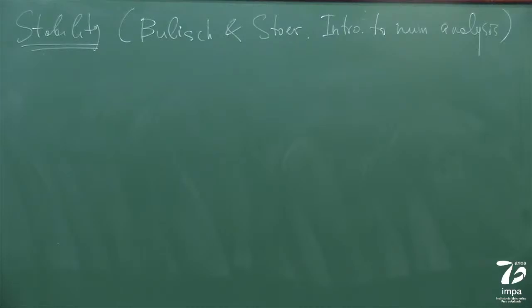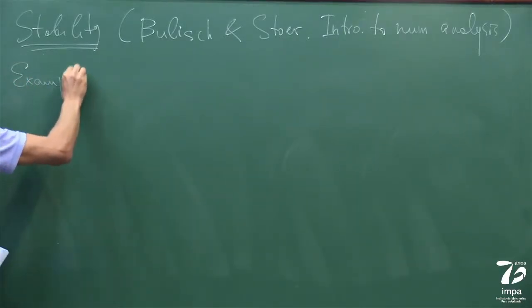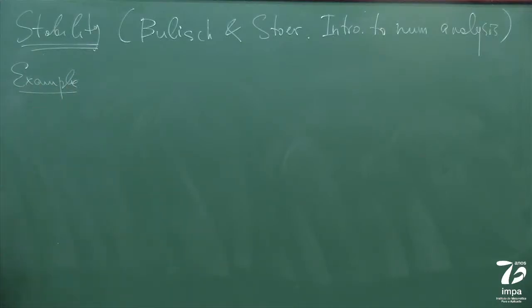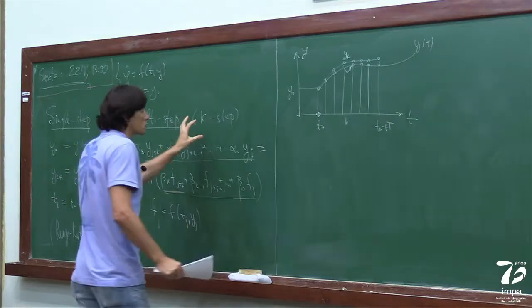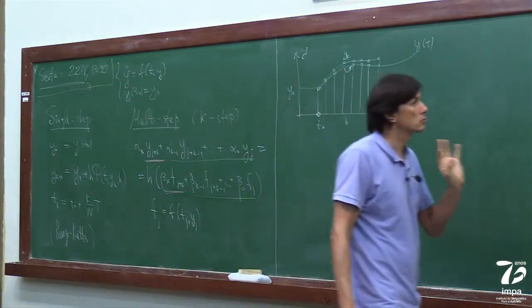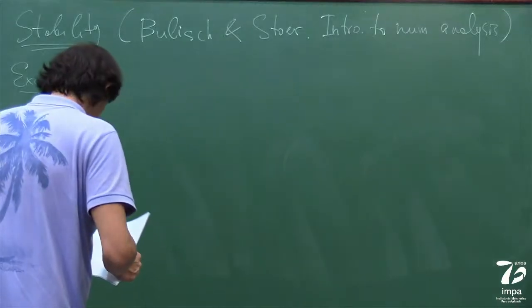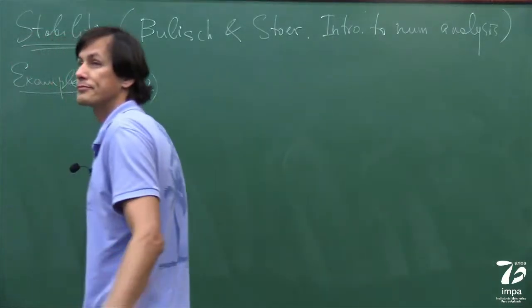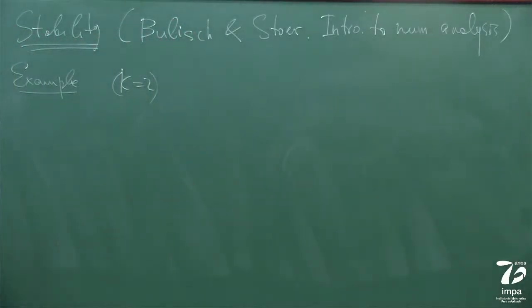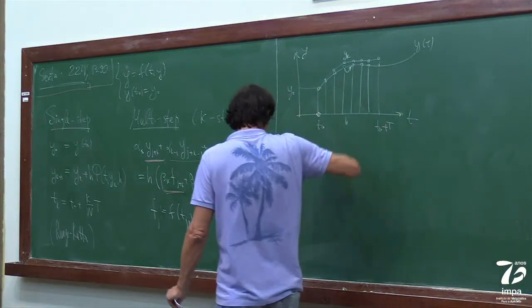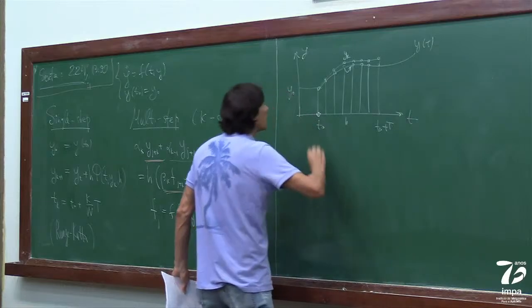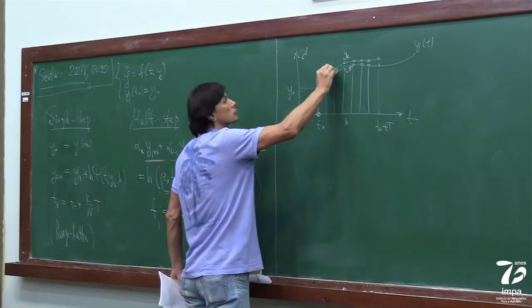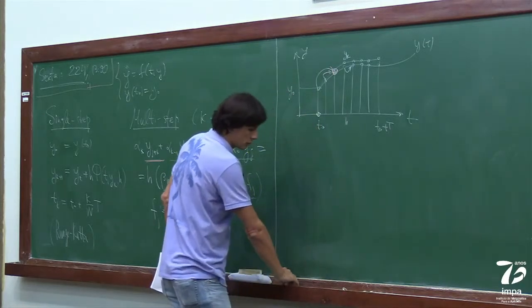Okay, so consider the example. Let's make one example of a multi-step method which shows you how everything works. What happens? Consider the multi-step method with two steps. It means that whenever you want to compute any value here, you use two previous steps.